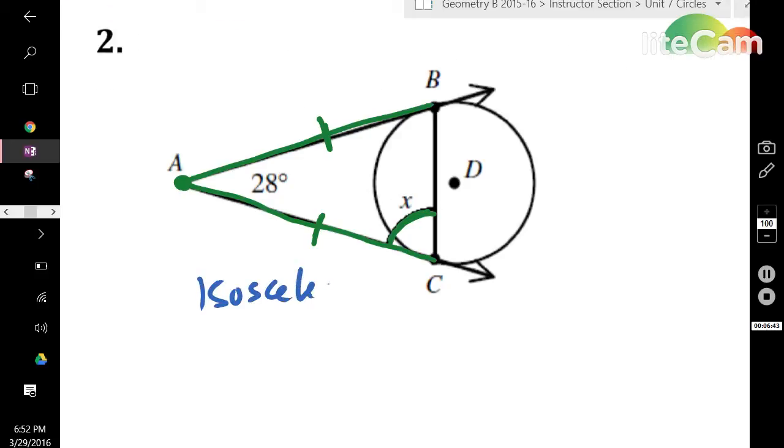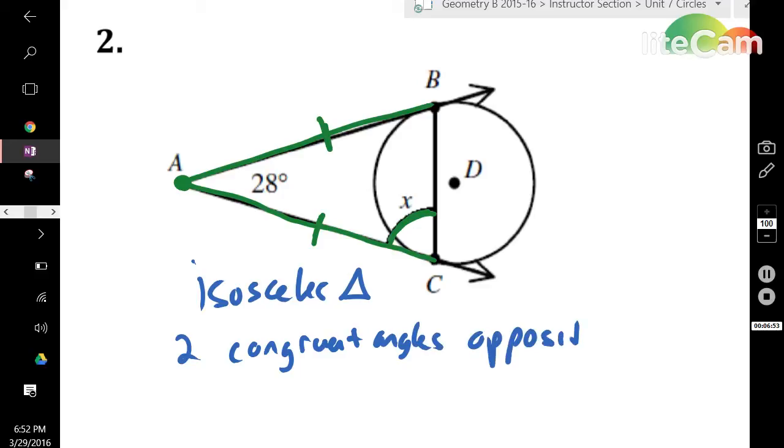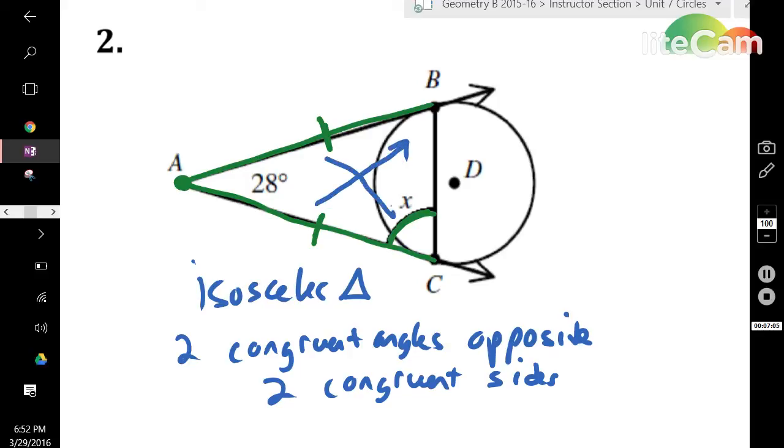And isosceles triangles have 2 congruent angles opposite 2 congruent sides. So you're going across from the side lengths. So across this side length here, that angle is congruent to that angle.